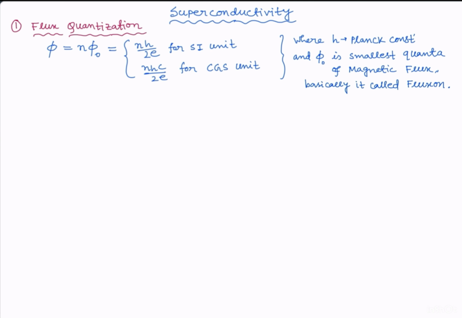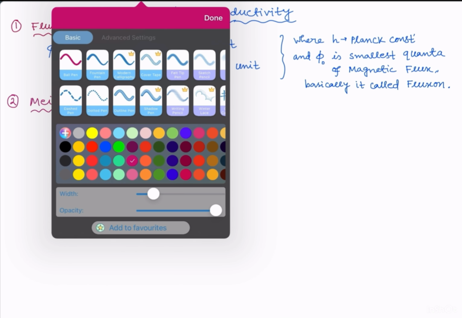Now we'll discuss the important formula, the Meissner effect. The important thing is the condition of the Meissner effect, in which condition a superconductor shows the Meissner effect.